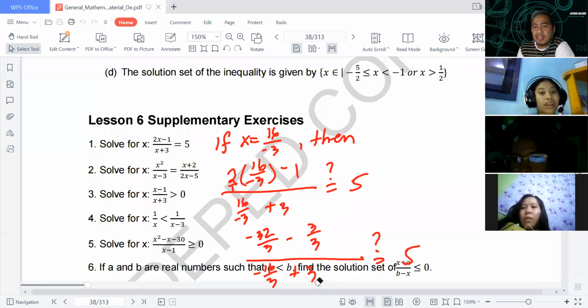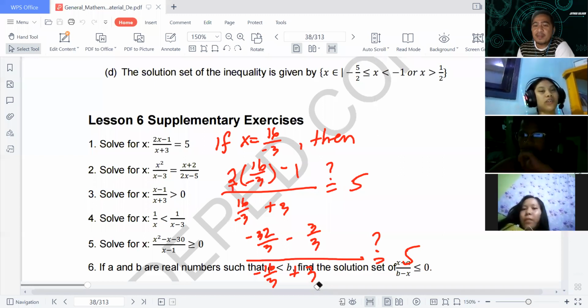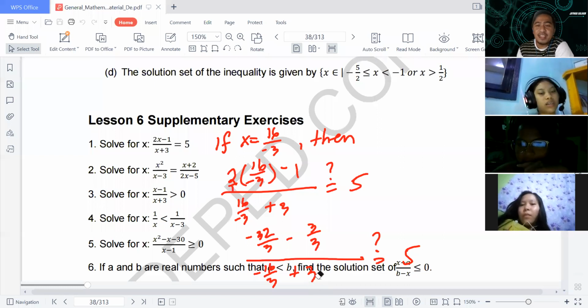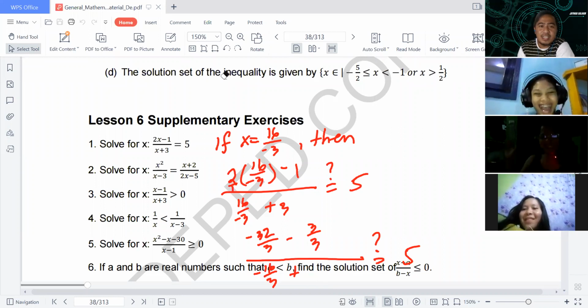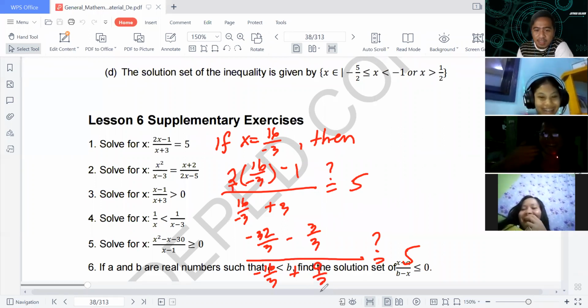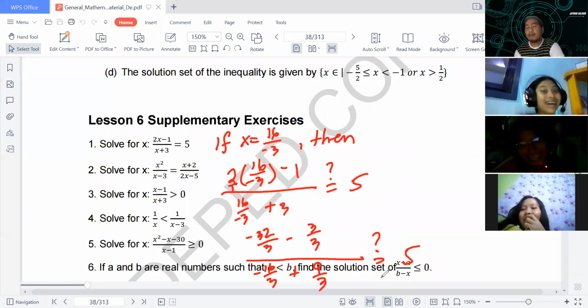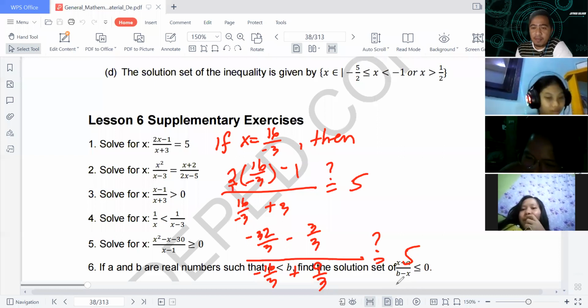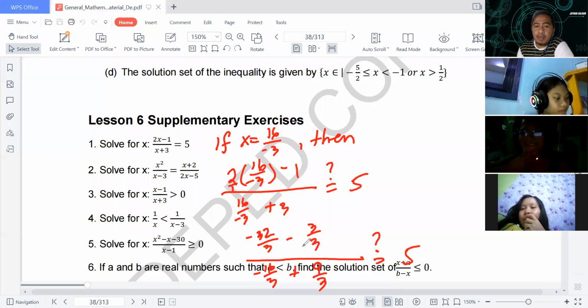It should be a denominator of 3. Very good, 9 over 3. So it can be written as 9 over 3. Did you get it? The purpose is so you can subtract or add. If they have the same denominator, you can simplify it, right?